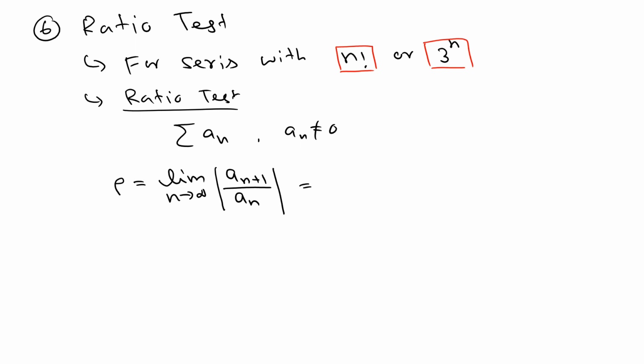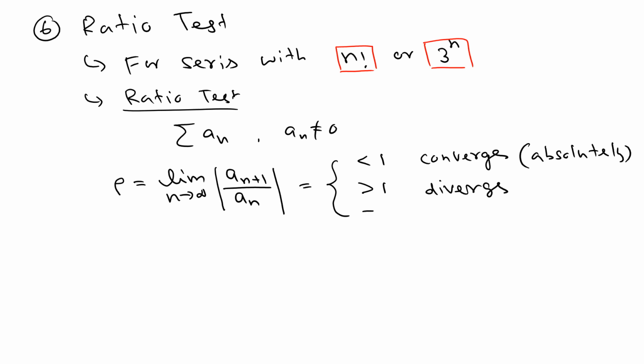Once you find this limit, three things can happen. One is that it can be less than 1. This is nonnegative, so less than 1 means it can be 0 or anything less than 1. If this is the case, the series converges absolutely. Absolute convergence implies convergence, so it simply converges. If this is greater than 1, it diverges.